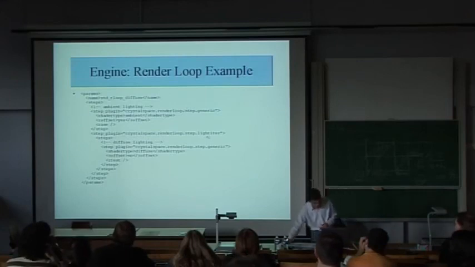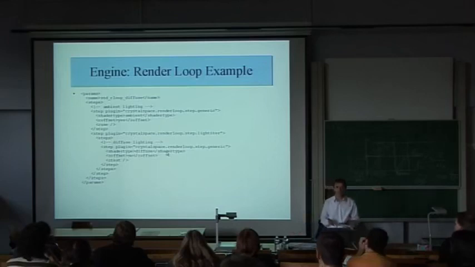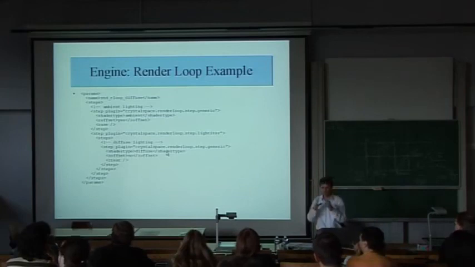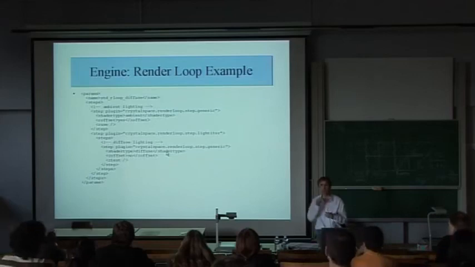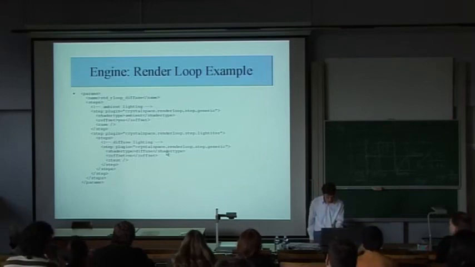For every light, it will use another step to add diffuse lighting. So basically this render loop will render all objects, and every object will be rendered with as many passes as there are lights hitting that object, plus one. So that's how this works.